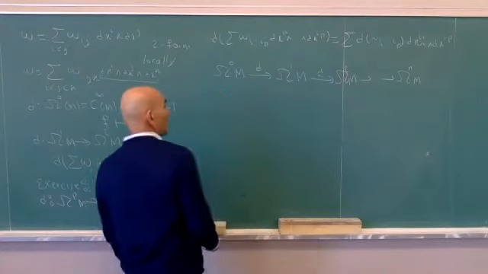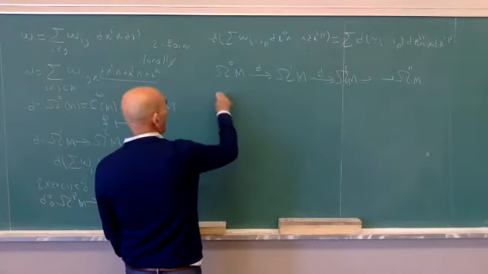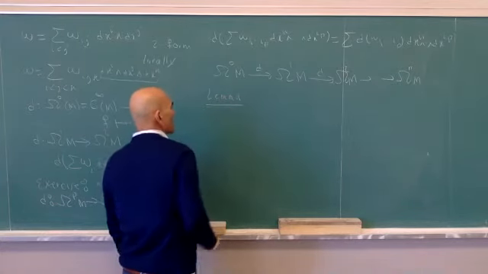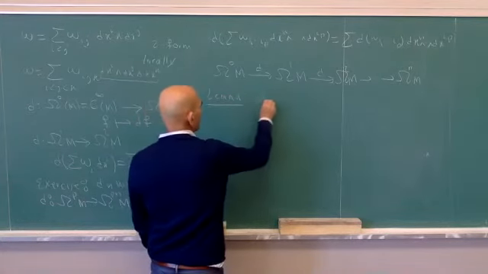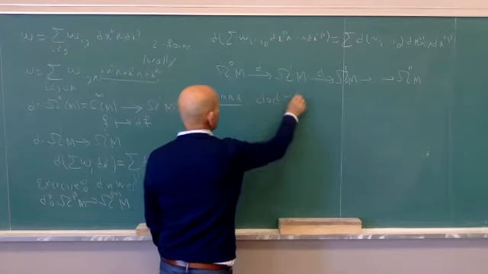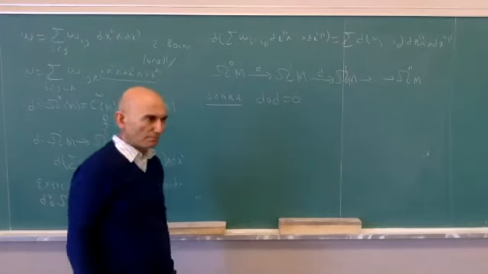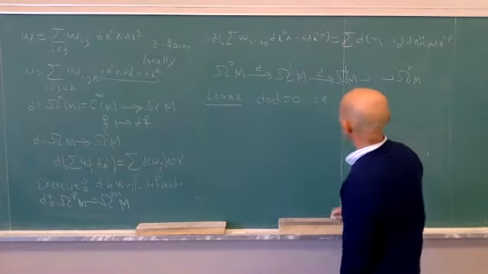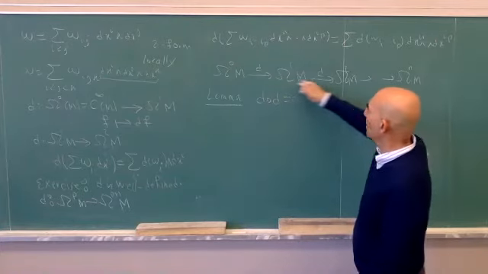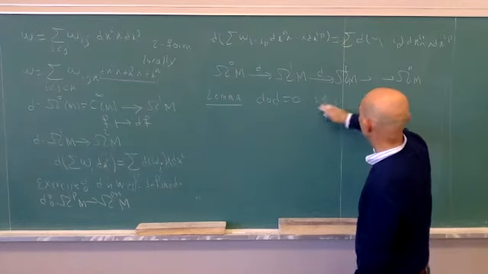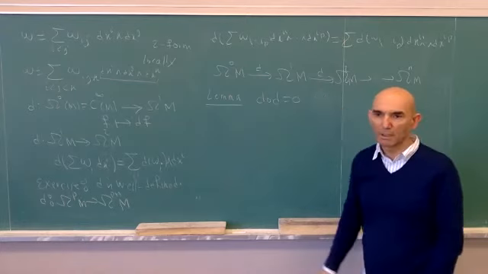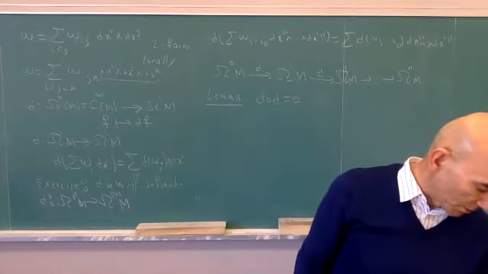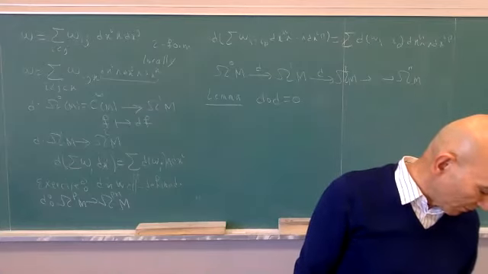This is a lemma: D composed with D is equal to 0. This is a complex of vector spaces, but I don't want to introduce more terminology here, just for the sake of terminology.